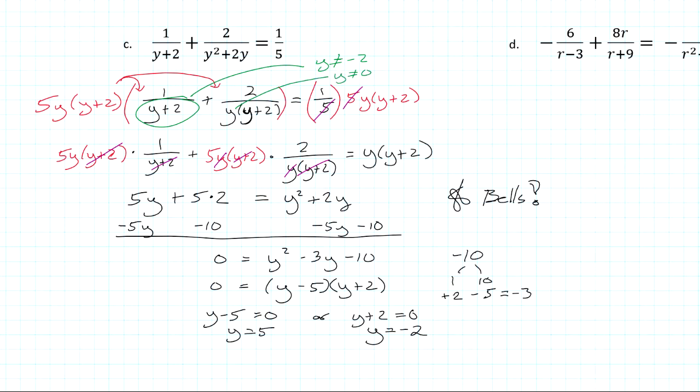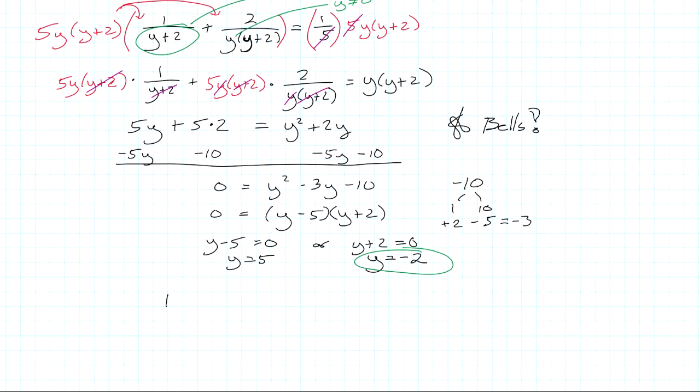And those are our restrictions. We did get a minus 2 there, so that one's actually not going to work. But the y equals 5 will work just fine. There's no reason that that wouldn't work. So we can conclude with the solution set is the set containing just the number 5 here.